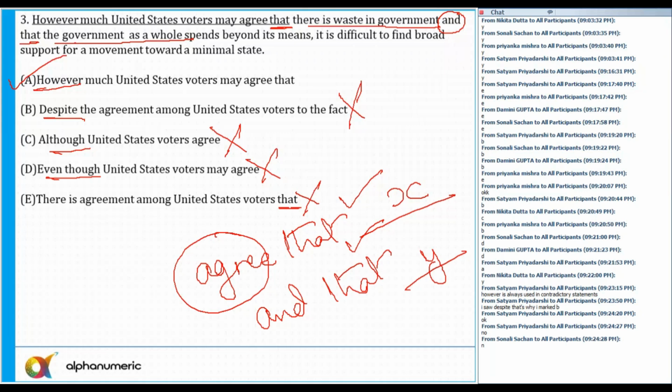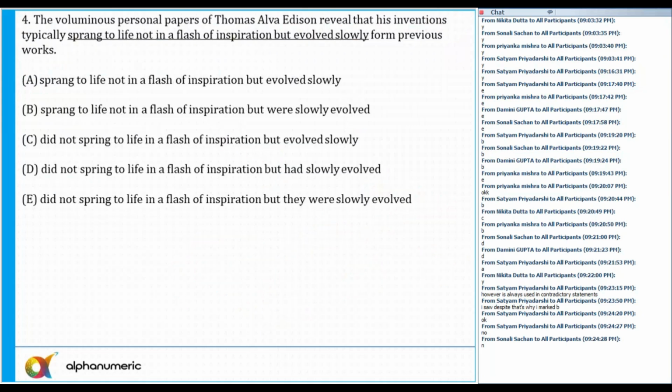Okay. Coming to question number 4. The voluminous personal papers of Thomas Alva Edison reveal that his inventions typically sprang to life not in a flash of inspiration, but evolved slowly from previous works.